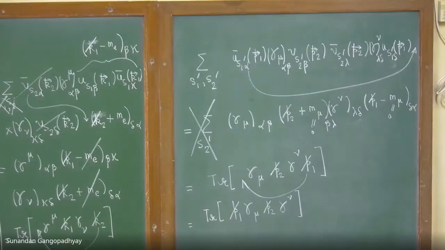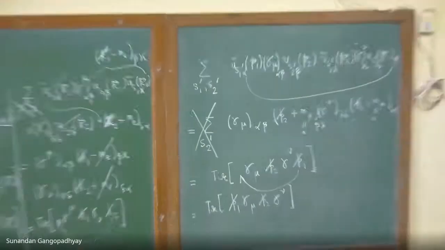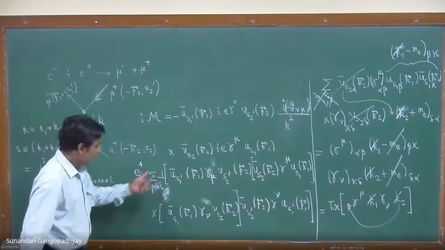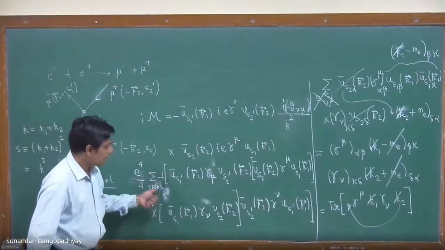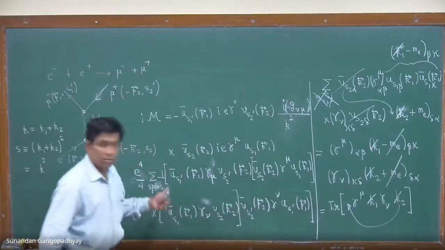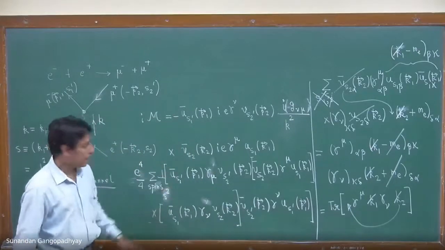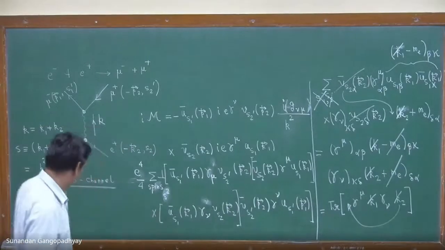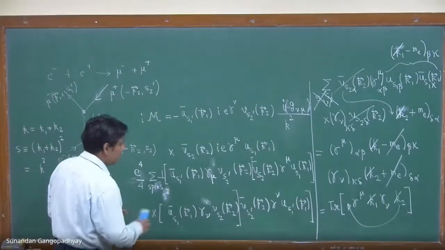Good. So what we have done is, let me come back to this part of the board. It was required to calculate this sum over the spins for this expression. We have done that, and what we have found is that it is basically the product of two traces. So let me just remove this part.